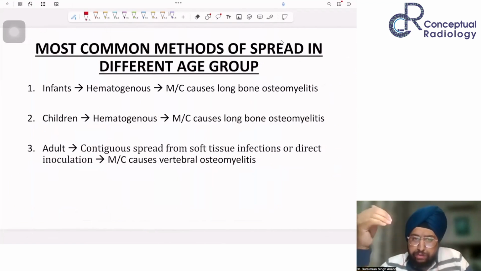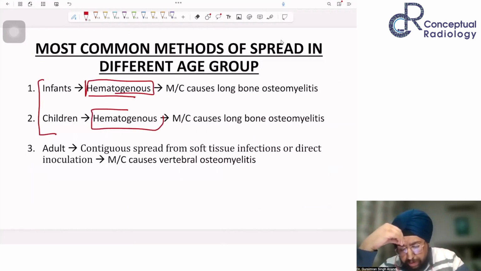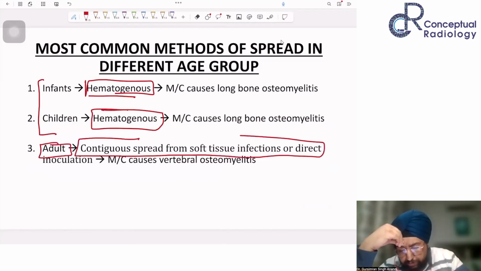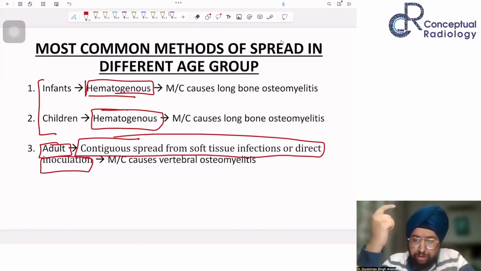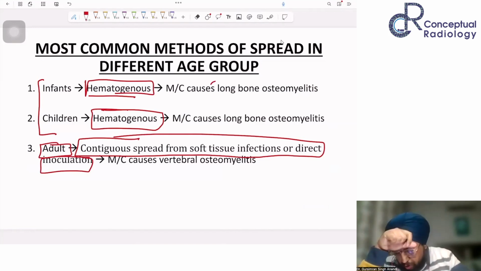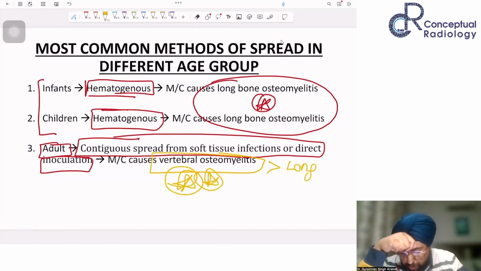Now, in different age groups, different pathways are more common. In infants and children, the hematogenous pathway predominates, while in adults, the contiguous spread from soft tissue infections or direct inoculation is the most common pathway. One thing to keep in mind is that infants and children most commonly encounter long tubular bone osteomyelitis, while adults most commonly encounter vertebral osteomyelitis, which is more common than long tubular osteomyelitis.